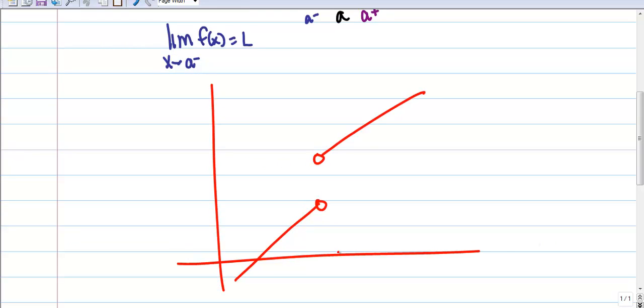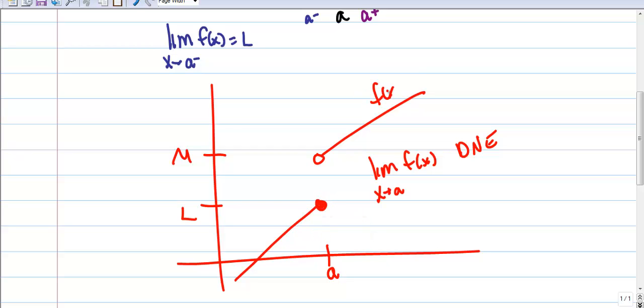So if I did another graph, if this was a, and this was L, and this was M, then that wouldn't work out. The limit as x approaches a of the function does not exist because L does not equal M. There's a gap there. Even if I filled in one of these dots, that doesn't matter. There is a gap there.